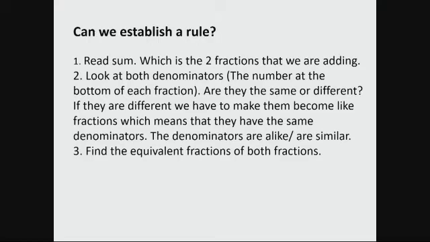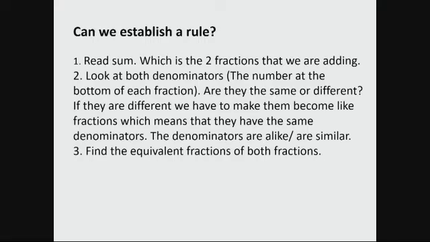Are they the same or different? If they are different, we have to make them become like fractions, which means that they have the same denominators. The denominators are alike. They are similar.